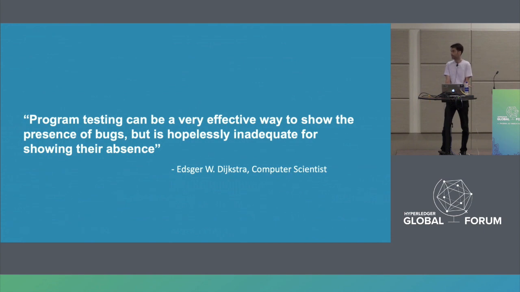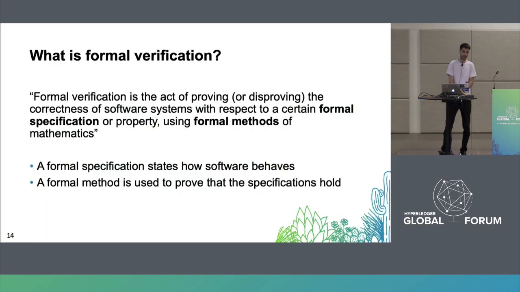So what is formal verification? I've been mentioning it a few times. I've got the definition up the top. I won't read that. But essentially, you have a formal specification which specifies how a certain piece of code should behave and how it is correct. That specification will then, under the hood, use what are called formal methods to mathematically prove that the code you were writing a specification for is doing what it's intended to do.